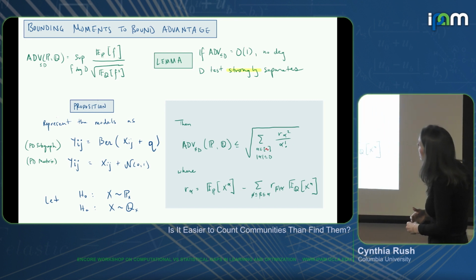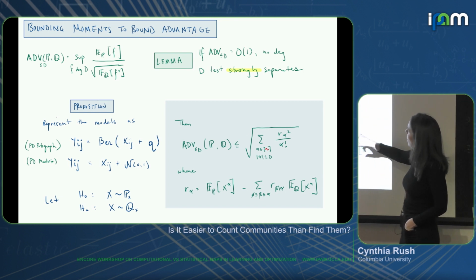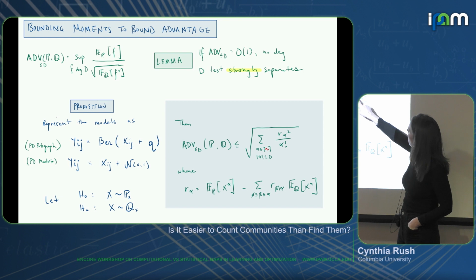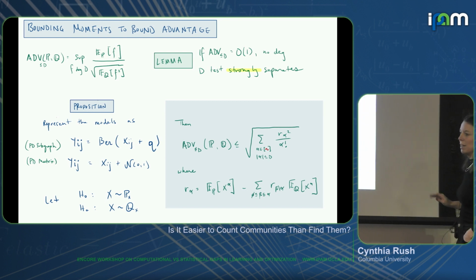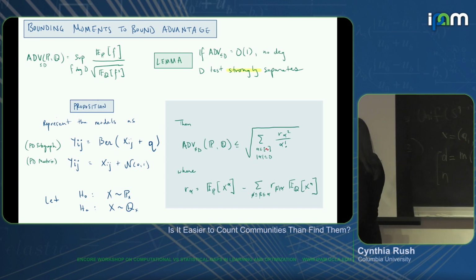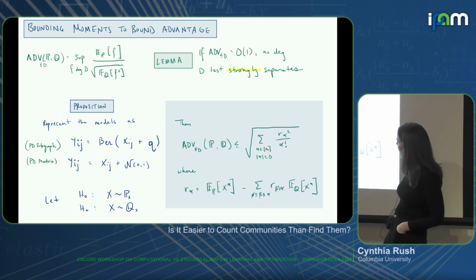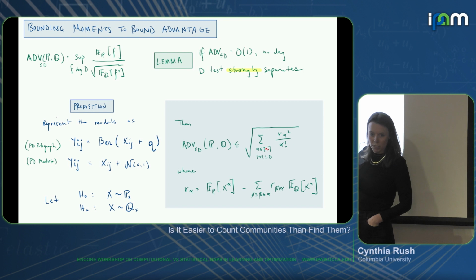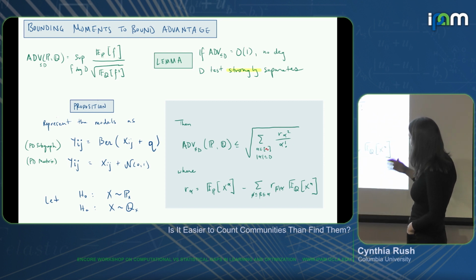what we can show is that this advantage is upper bounded by the sum here, where the elements of the sum, sorry, this should be an equal. This is R alpha squared. This is R alpha equal. I can't even read my own handwriting, which is not great. But what this says is the terms that you ultimately need to bound are these recursive sequences on the moments under your two null and alternative distributions.